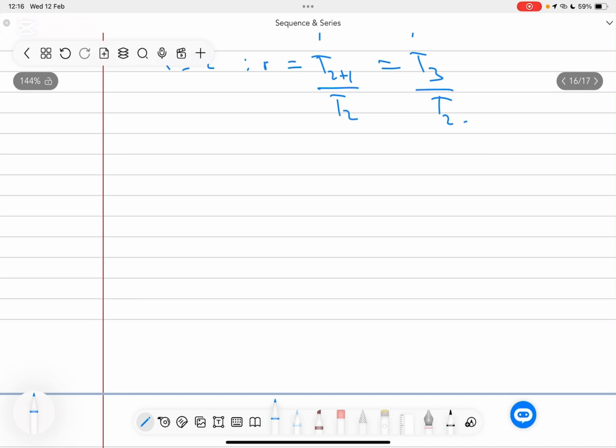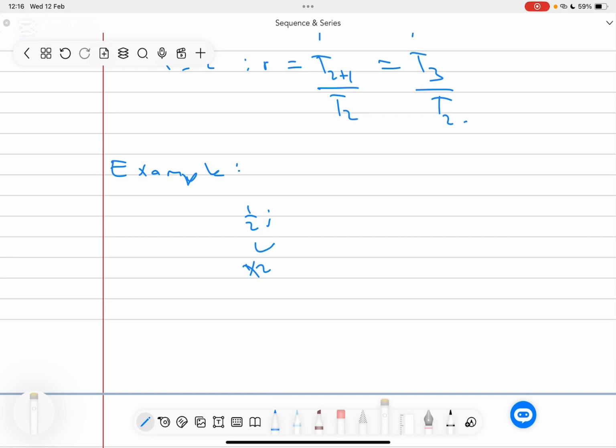To close this introduction to geometric sequences, I'm going to look at an example of a geometric sequence. Say our first term is 1 over 2. Then we multiply by 2 to get to the next term.